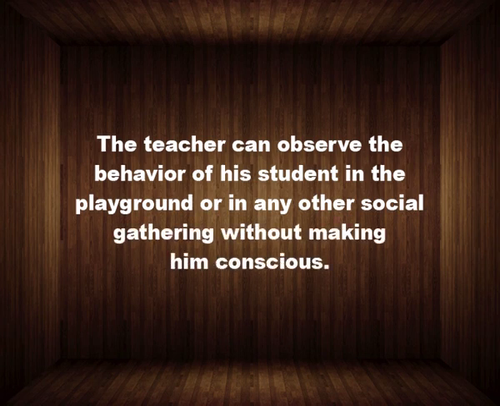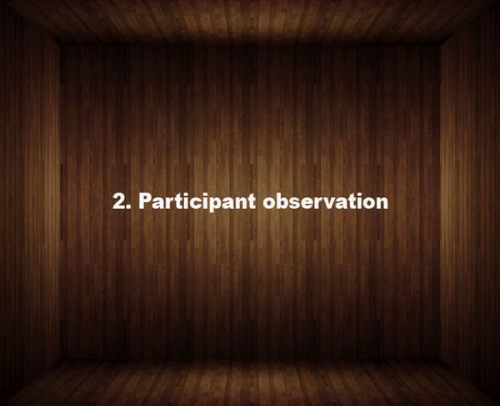In natural observation, the observer observes the specific behavior and characteristics of the subject in natural settings, and the subjects are not aware of the fact that their behavior is being observed by someone. For example, the teacher can observe the behavior of his student in playground or in any other social gathering without making him conscious. Number two, participant observation.